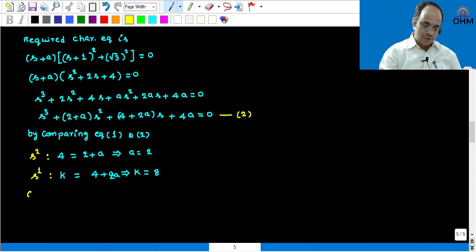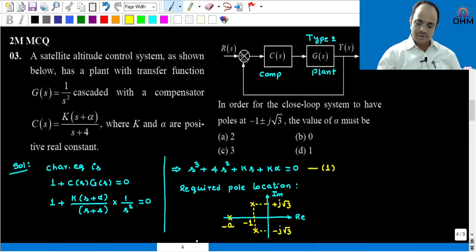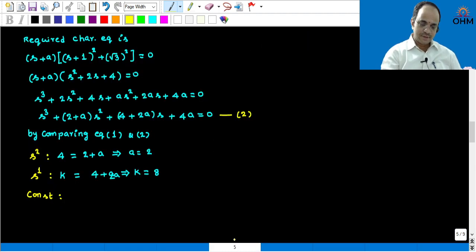Now, if you compare constant terms, in equation number 1, constant is k into alpha. In equation number 2, constant is 4 into A. Therefore, k value we got 8 into alpha is equal to 4 into A value 2. Then the answer will be 8 by 8, that is 1.